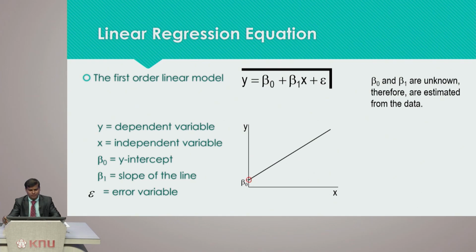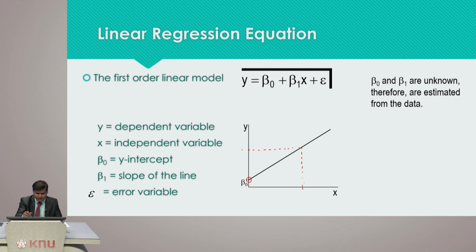So we will come to this part soon. Beta 1 is the slope of the line, and x is the independent variable, y is the dependent variable. Let's consider, for example, you have a value of x here, and correspondingly you can look at its value for y as well.